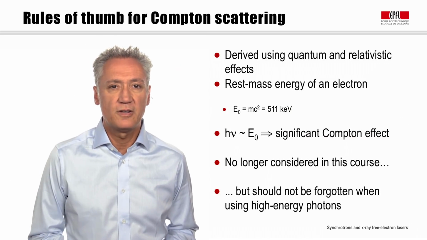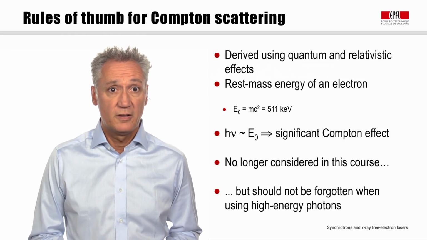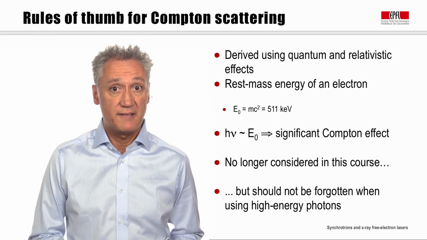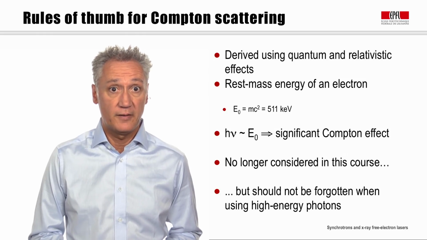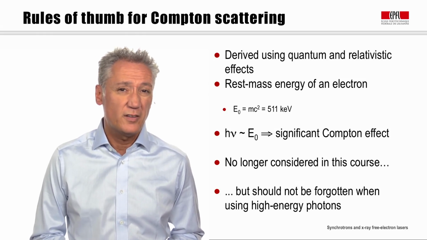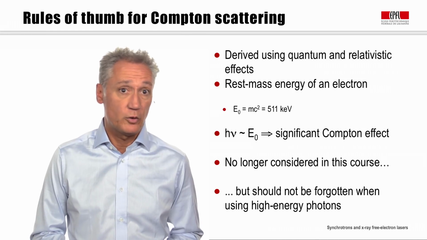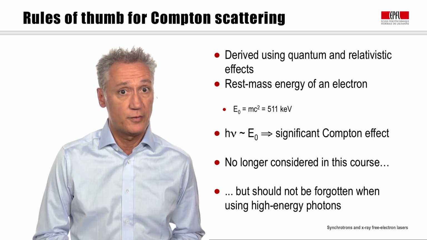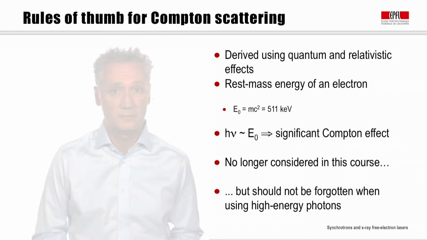This threshold energy is related to the rest mass energy of an electron, mc squared, which is equal to 511 kiloelectron volts for electrons. As such, we will no longer consider Compton scattering in this course, although it shouldn't be forgotten when performing high-energy photon synchrotron experiments.